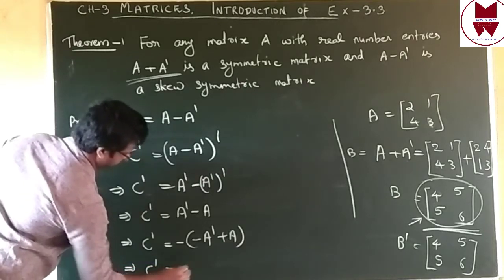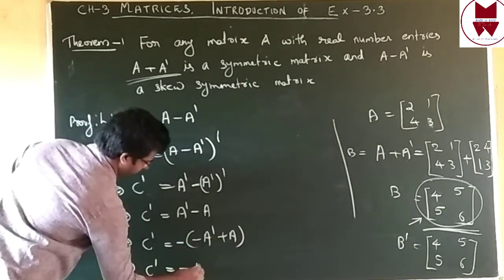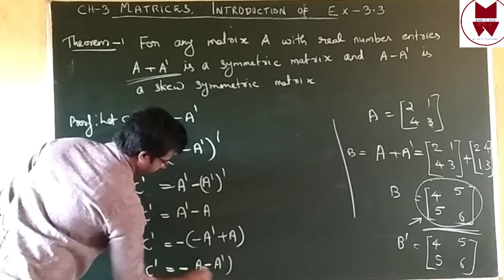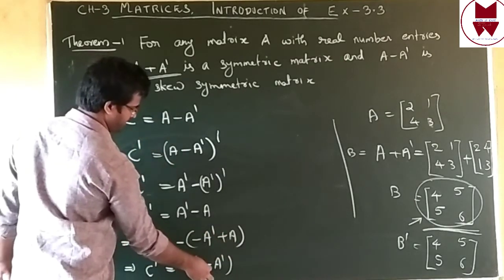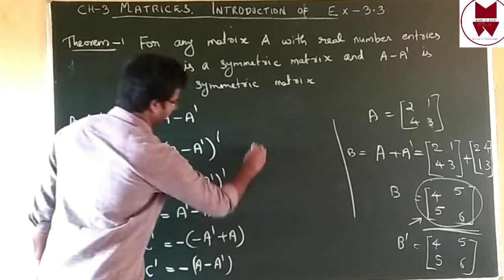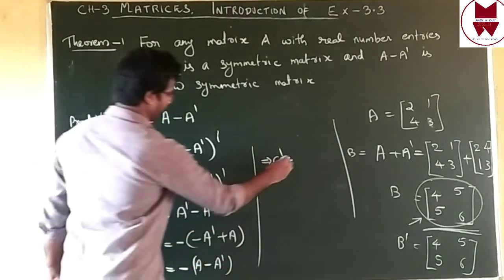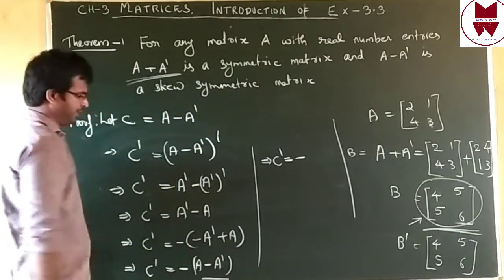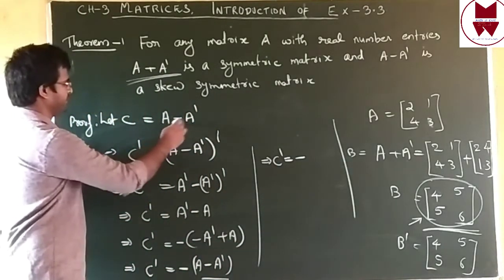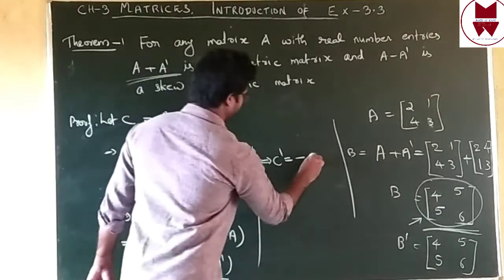C dash equals minus, we can rearrange this one: A first, minus A dash second. C dash equals minus, what is this? A minus A dash. A minus A dash is C, isn't it?